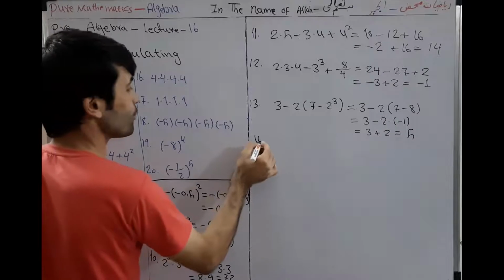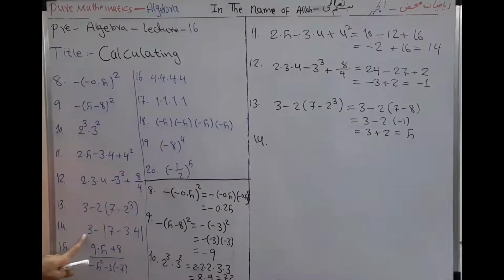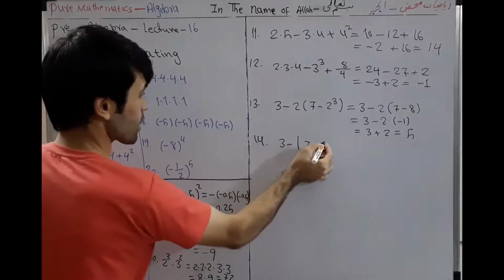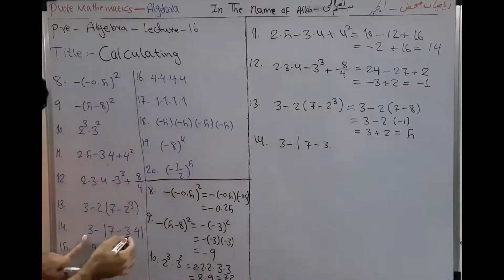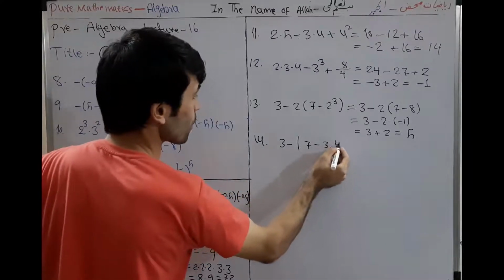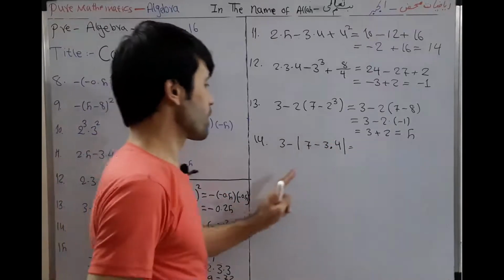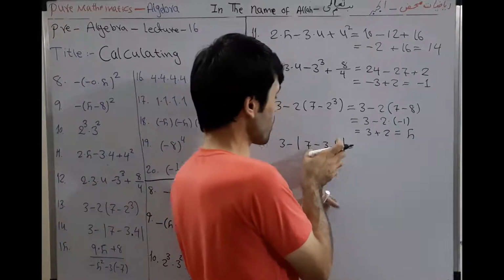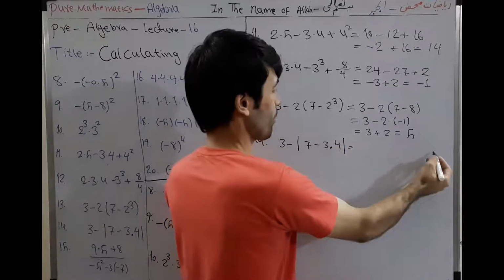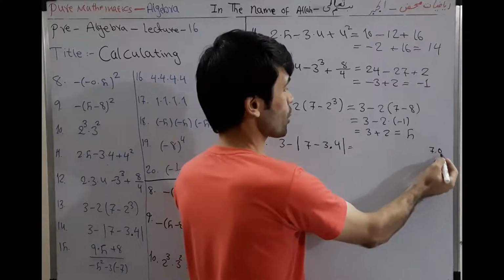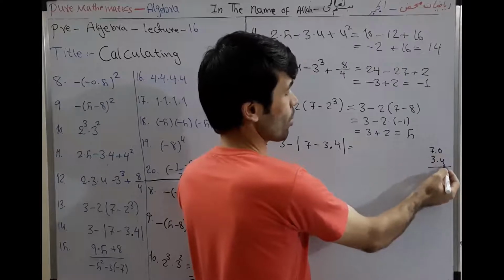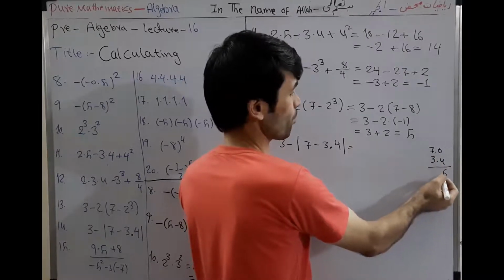Number 14: 3 minus modulo 7.0 minus 3.4. First we want to evaluate the absolute value of this expression. First 7.0 minus 3.4. From 10 we subtract 4, it is equal to 6 point.